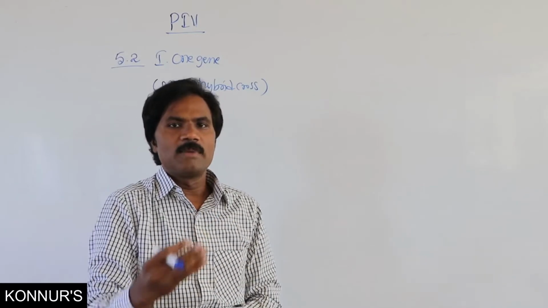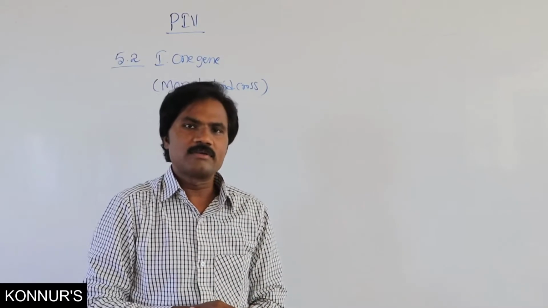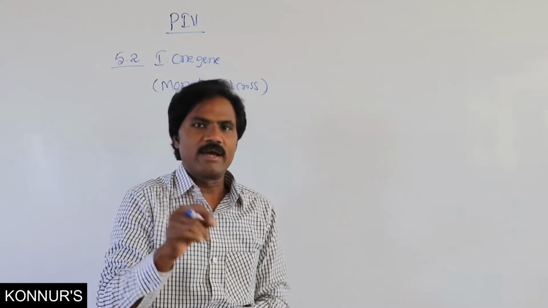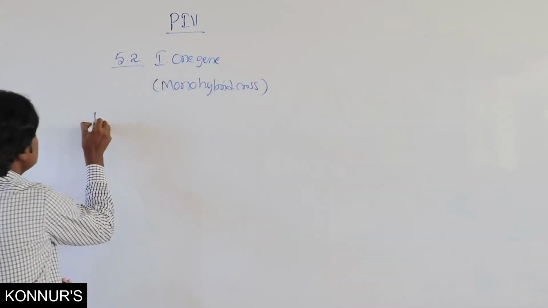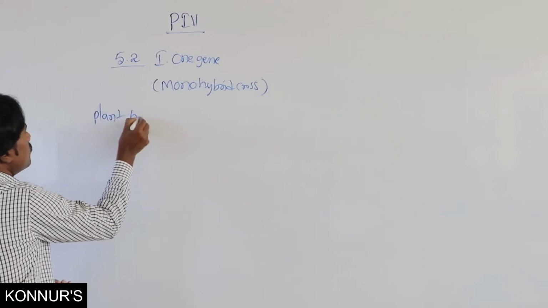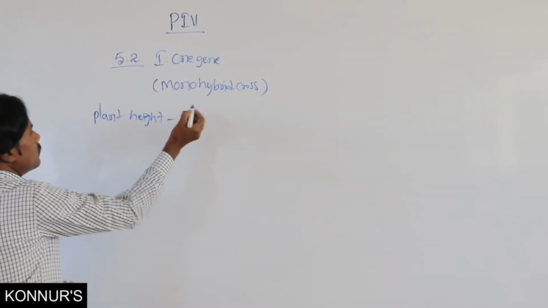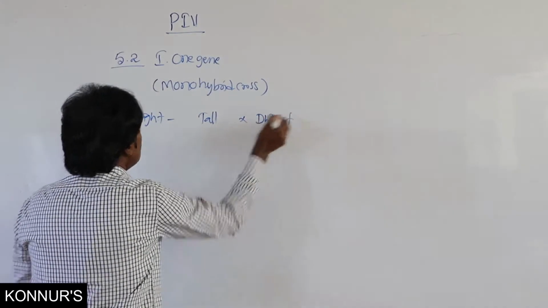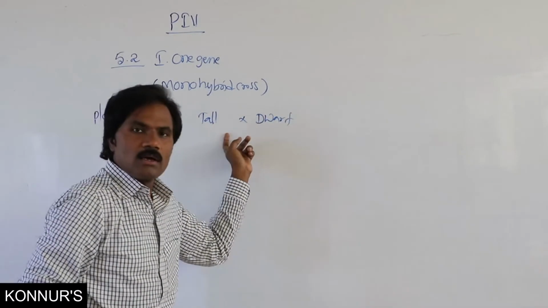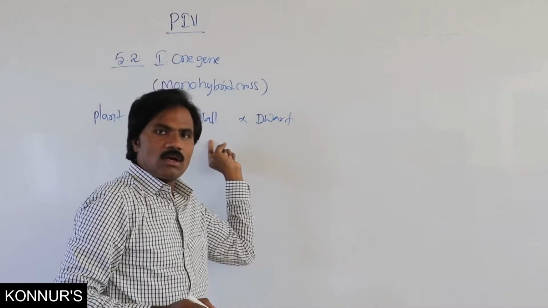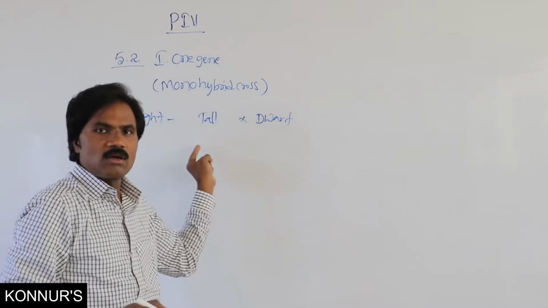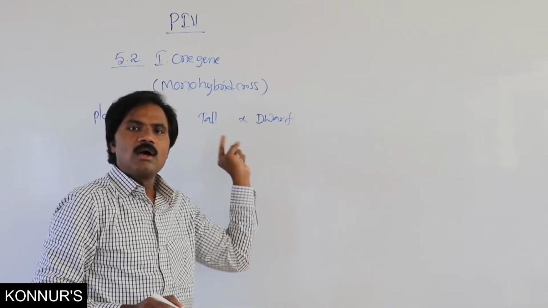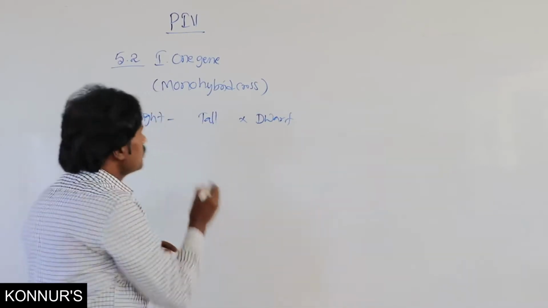Here Mendel has taken plant height, the single character, that is tall as well as dwarf. Tall averagely has 100 to 120 centimeters.